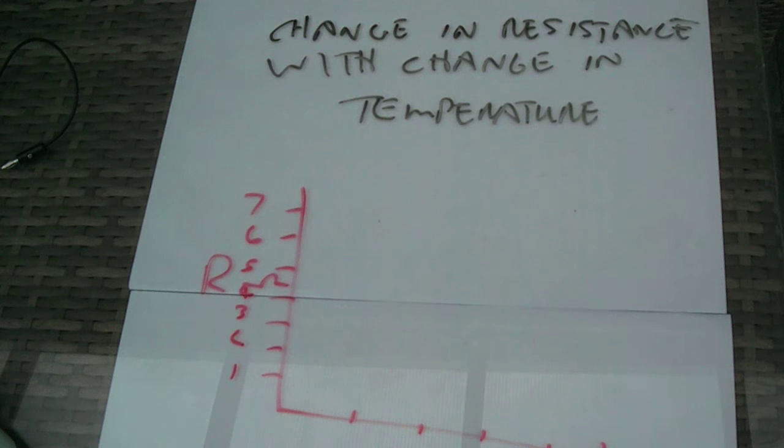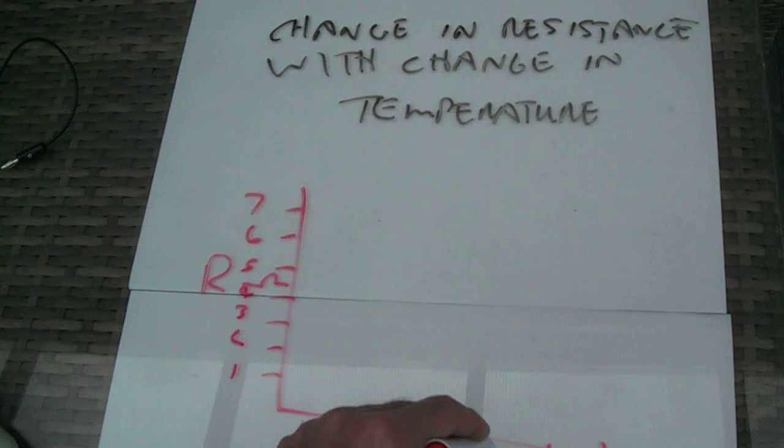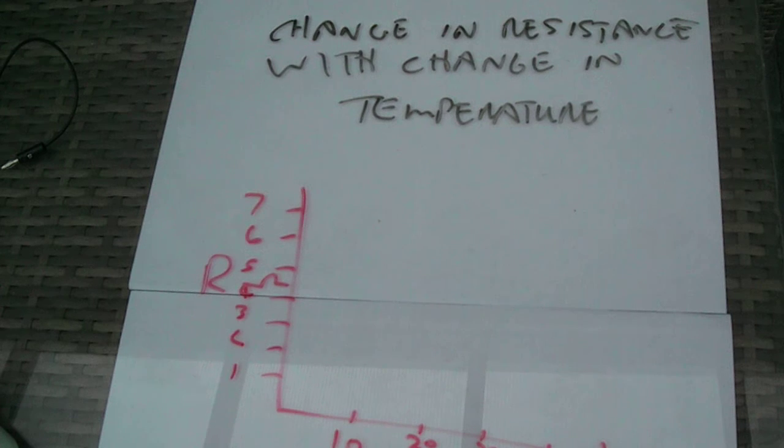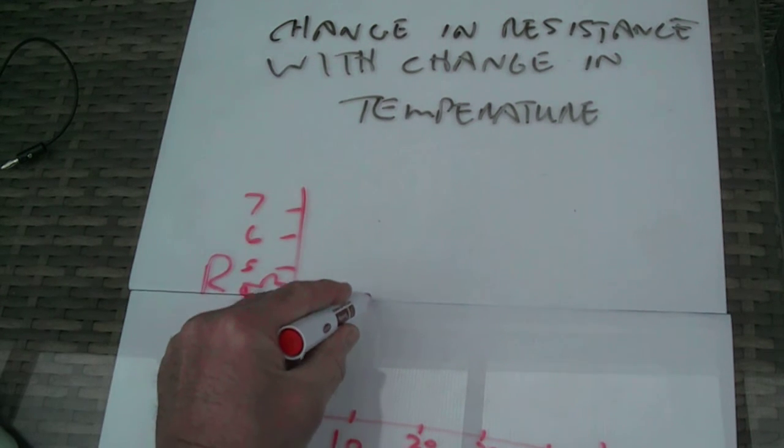If it had a resistance of 4 ohms at a temperature of 10 degrees, so that was 10 degrees there, 20, 30, 40, 50, that would be at that point there.